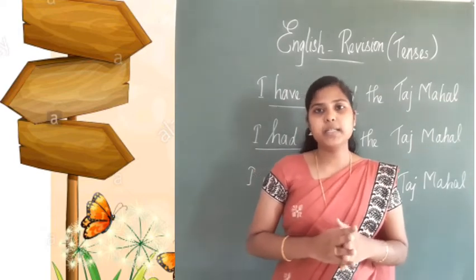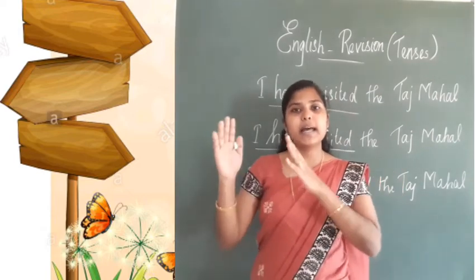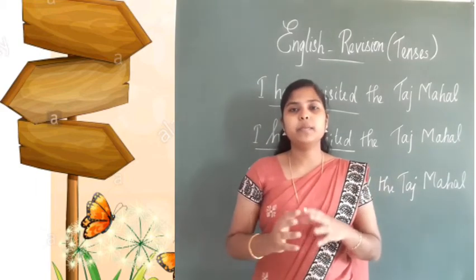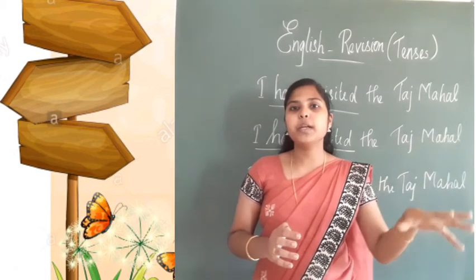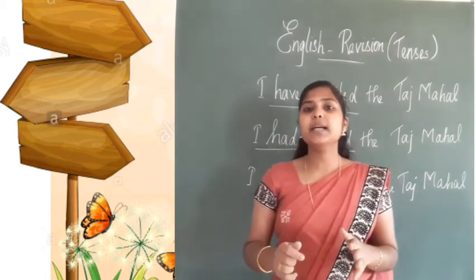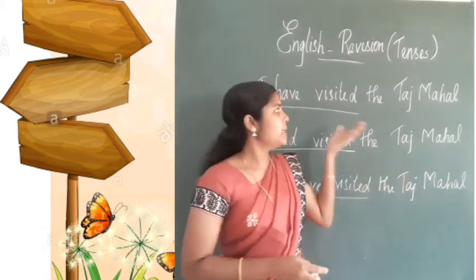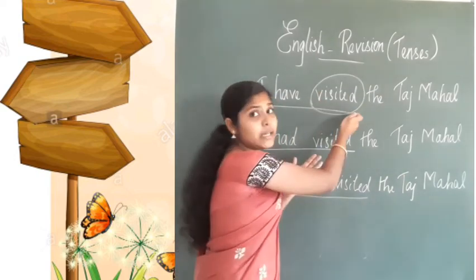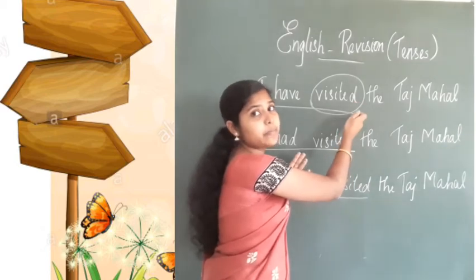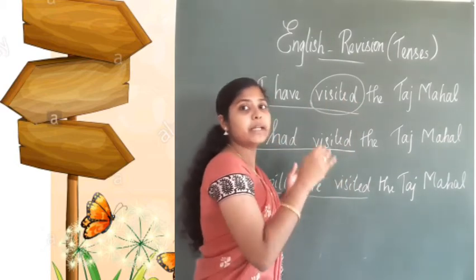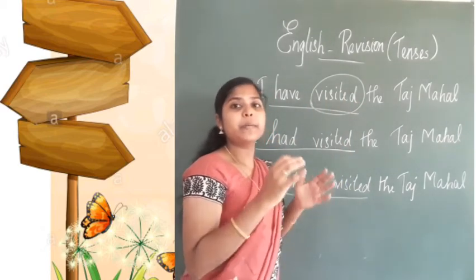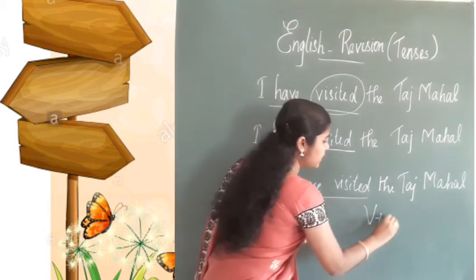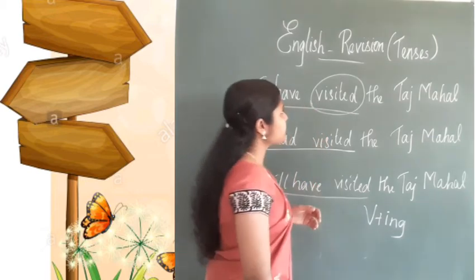Present perfect continuous tense is indicating an action which is going on over a period of time, to a particular period of time. It is just like perfect tense, but here the action is indicating the completed, that is past participle form. But for perfect continuous we have to use present participle form, that is ing form, verb in the ing form.